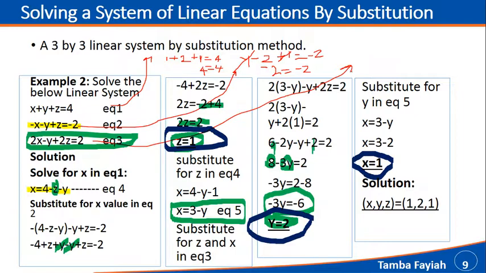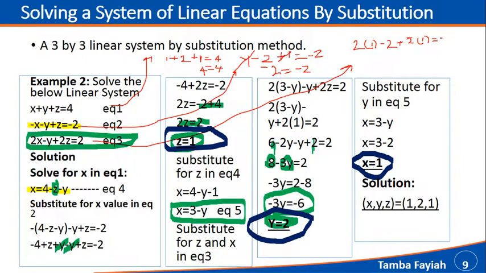Here now, we say 2 times the value of x, which is 1, minus the value of y, which is 2, plus 2 times the value of z, which is 1, equals 2.